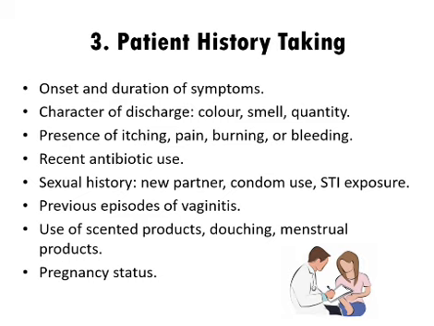After that we need to ask about the sexual history, whether they have a new partner, are using any condoms or have any STI exposure. Then we need to check with them whether there were any previous episodes of the same issue of vaginitis, and then we can ask about what type of feminine hygiene products they are using.